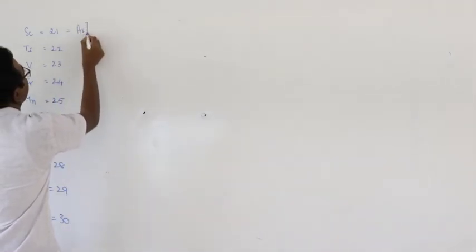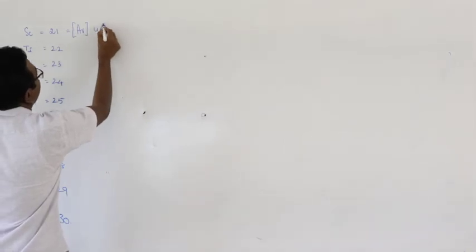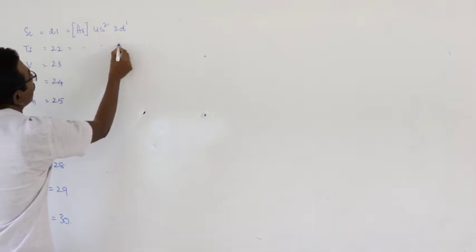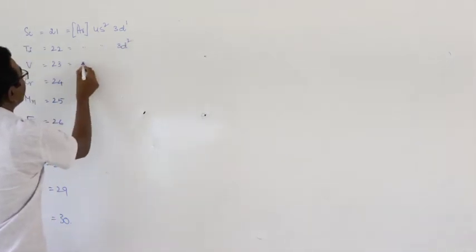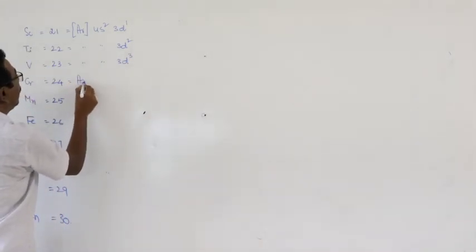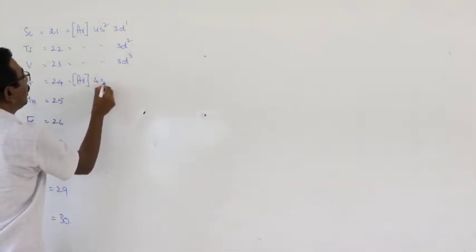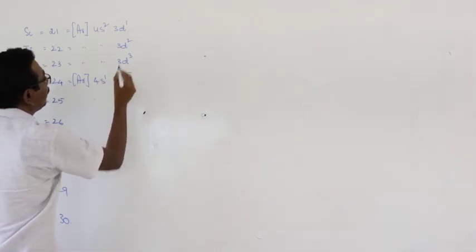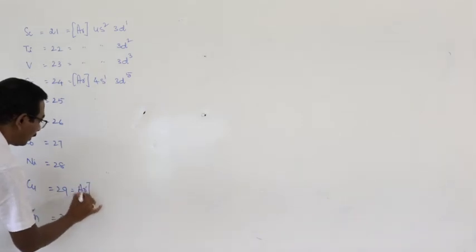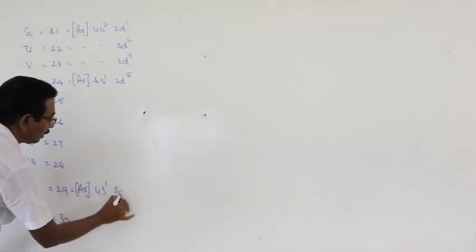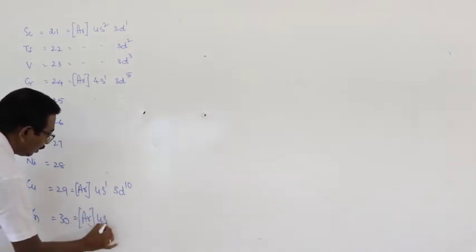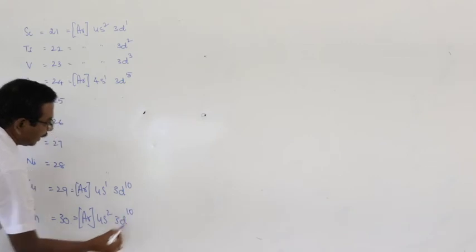Electronic configuration: argon 4s2 3d1, 3d2, 3d3. Here argon 4s1 3d5. And in the same way copper, argon 4s1 3d10. This is argon 4s2 3d10.